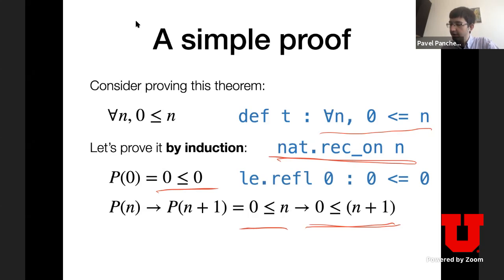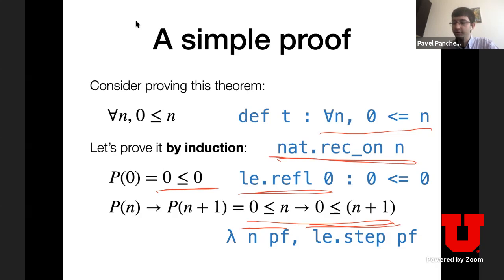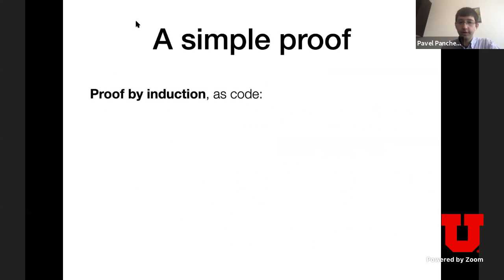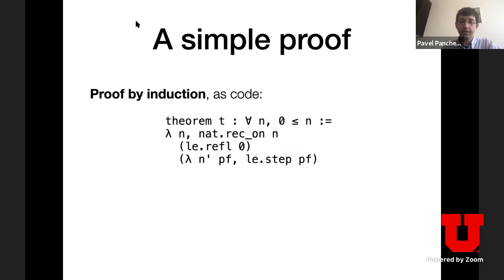And then it turns out that Lean actually comes with proofs that 0 is less than or equal to 0, and that 0 is less than or equal to n implies 0 is less than or equal to n plus 1. So we can just write down these terms directly, and what we get as a result is this proof by induction in code that looks like that. And if we had time, I could copy and paste it into Lean to show you that it type checks, but it does.